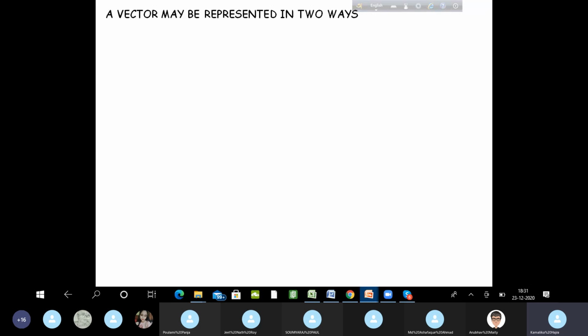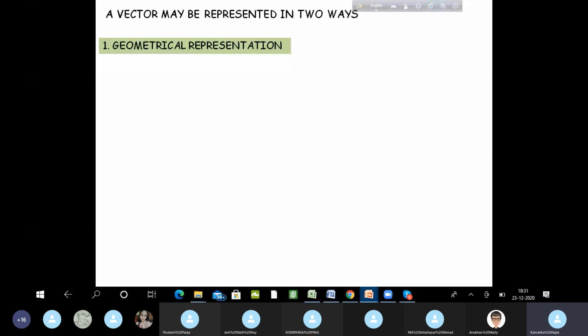Or sometimes in a book, if the quantity is printed in bold, it means that we are talking about a vector. So that's not what I'm talking about. In general, there are two ways in which you can represent a vector. First is the geometrical representation.